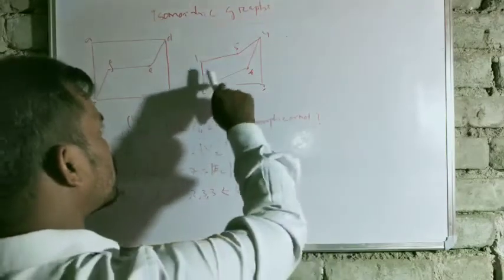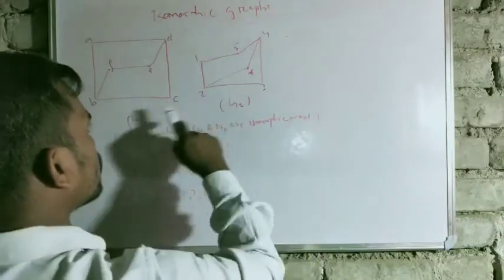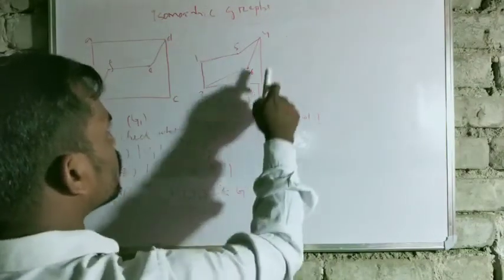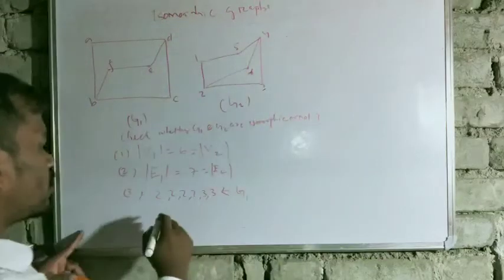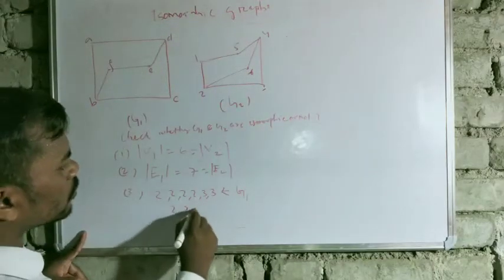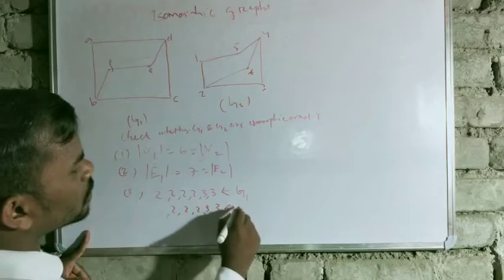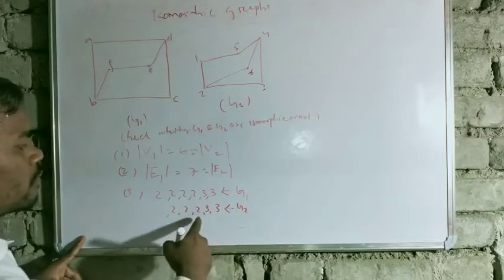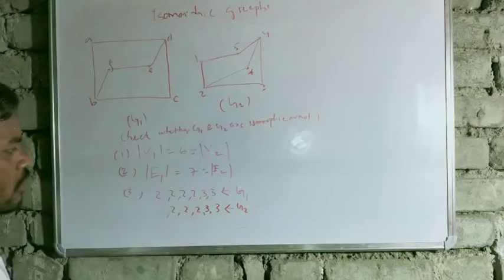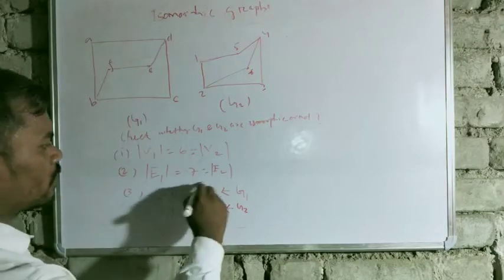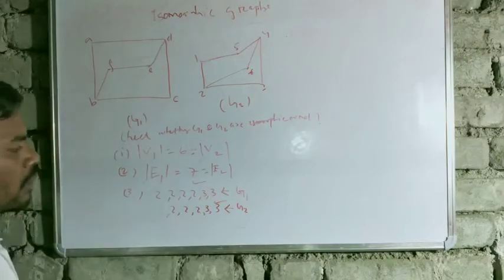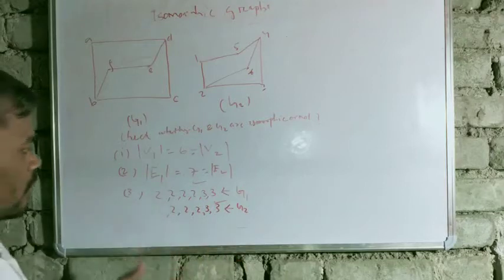Similarly, the order of vertices of graph G2 is 2, 3, 2, 3, 2, 2, the same thing: four 2's and two 3's. That is, both have a similar order structure of vertices. So next, what will we do?